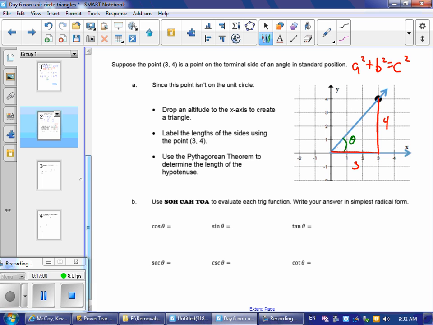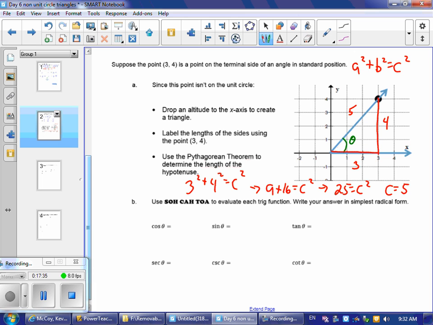The two legs, a and b, are 3 and 4. So what I've got is 3 squared plus 4 squared equals c squared. 3 squared is 9, 4 squared is 16. Adding those together, we get that 25 equals c squared, or c, taking the square root on both sides, would be 5.